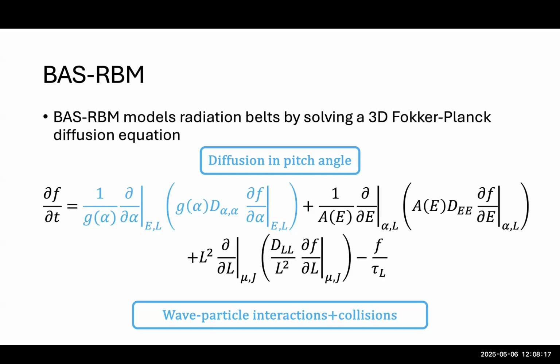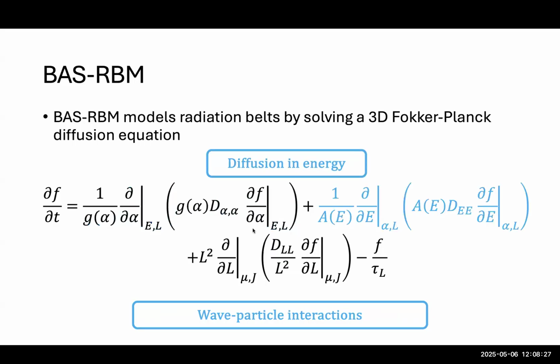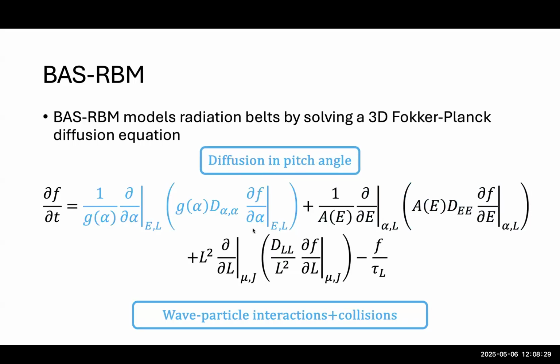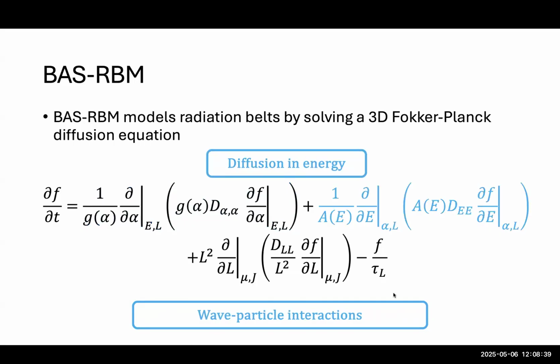So the diffusion in pitch angle is how that is changed over time, and that is primarily due to wave-particle interactions and collisions. And then we've got the diffusion in energy, so the kinetic energy of the particle.